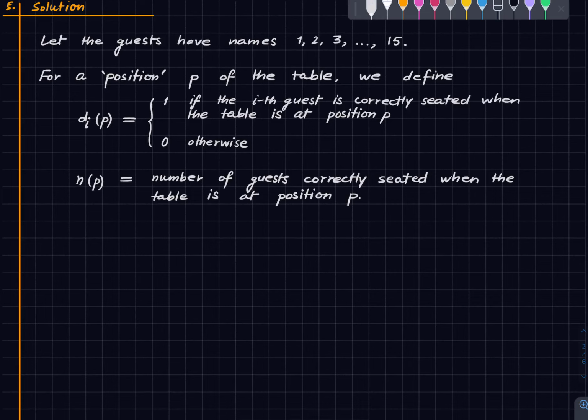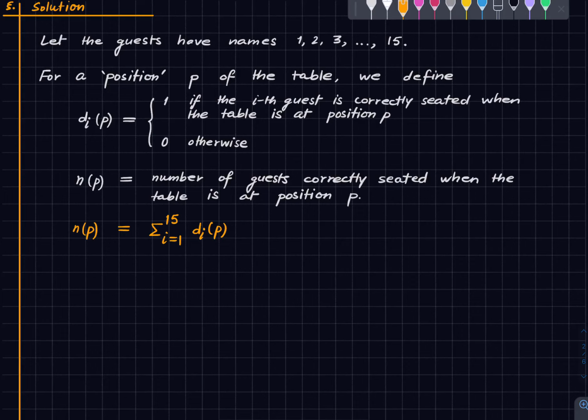One thing we can immediately note is that N(P) is nothing but this summation. This is immediate. What is our goal?